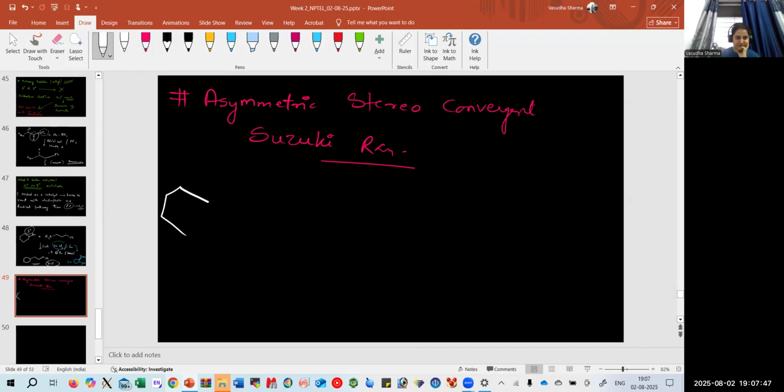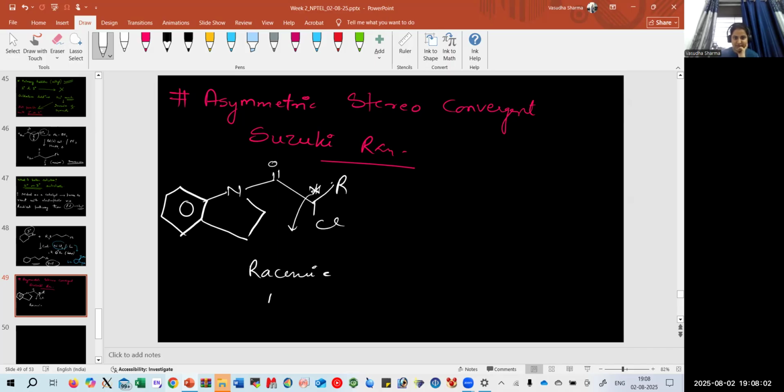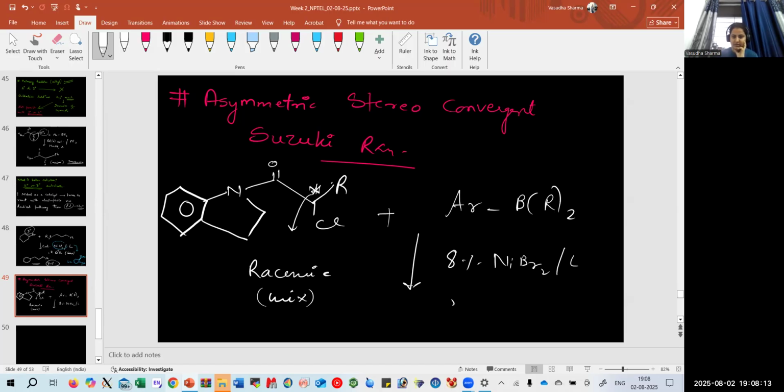So when I'm using this particular species, where this is a racemic mixture having both R and S forms, and we are treating it with ArBr2 in presence of 8% nickel bromide and ligand and potassium tertiary butoxide at minus 5 degrees.